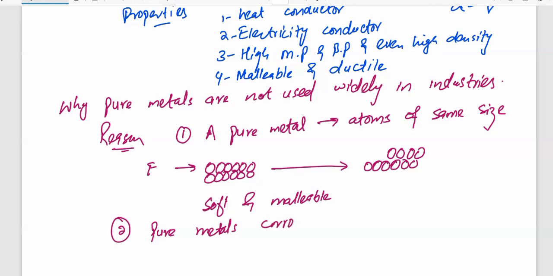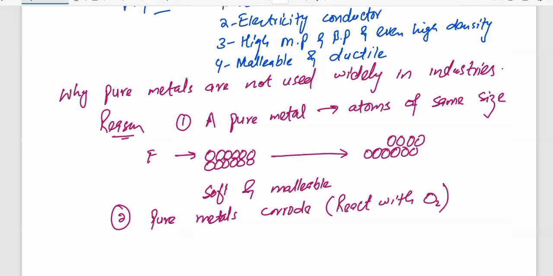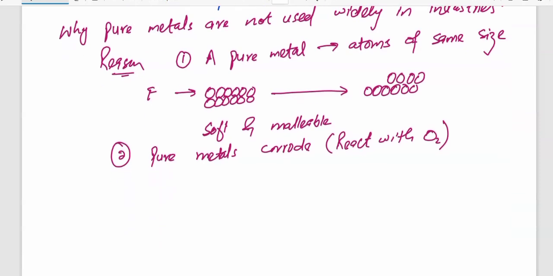Corrode means they react with oxygen available in air, so that's why they rust, like iron gets rust. In other cases we say they corrode.